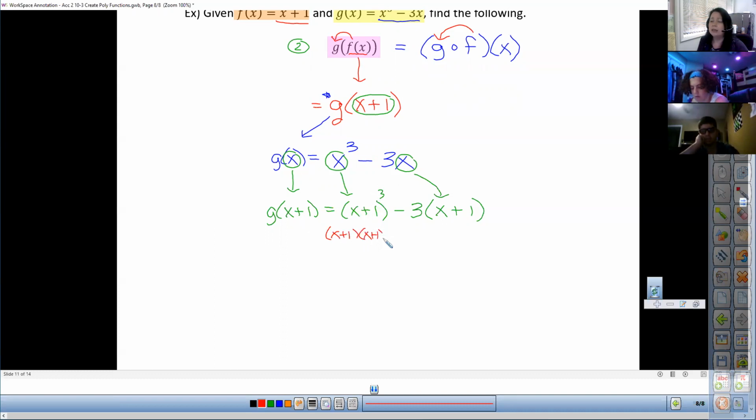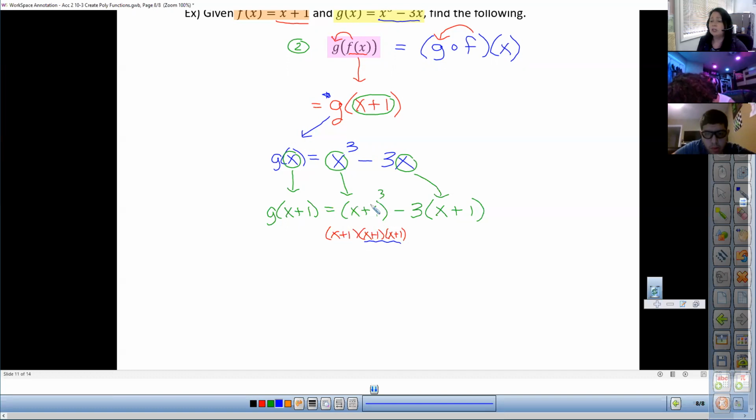And we also learned that when we multiply more than 2 things, we still have to start with 2 of them. And then we take the answer to that and multiply times the third. So we have to multiply 2 of our x plus 1s together first, take that answer times the third x plus 1.